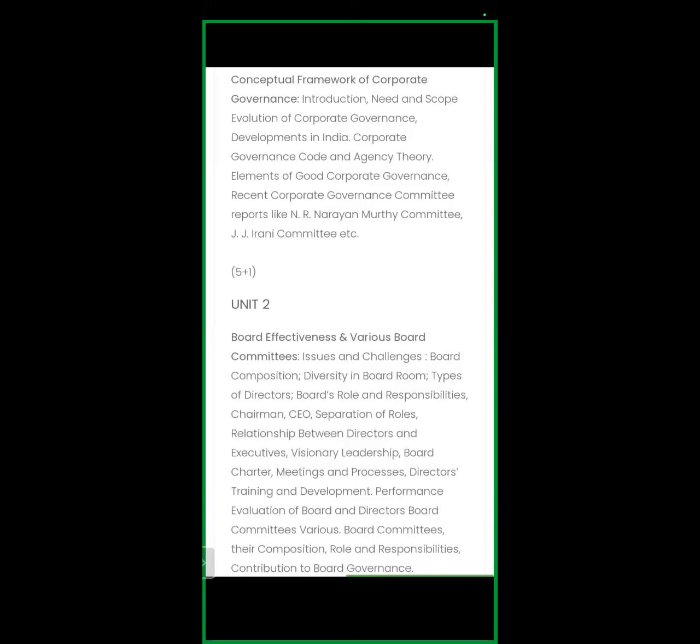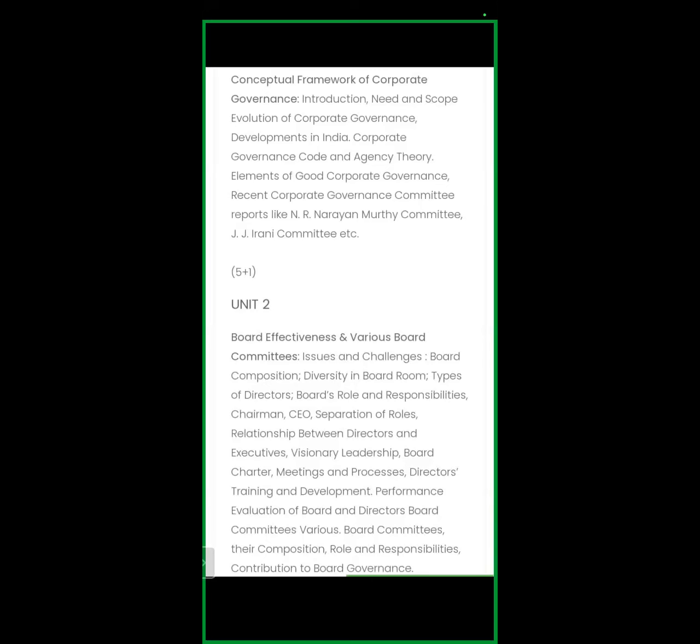And keeping that in mind, these committees were set up. Now, our corporate governance structure basically exists on the recommendation of a committee which was set up not by the government of India, but by the government of UK.